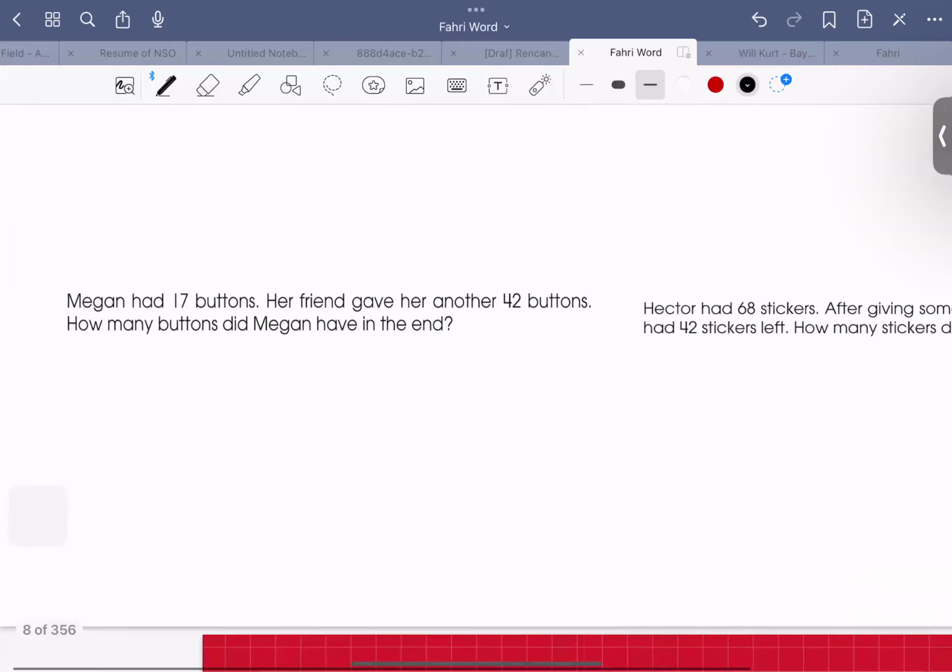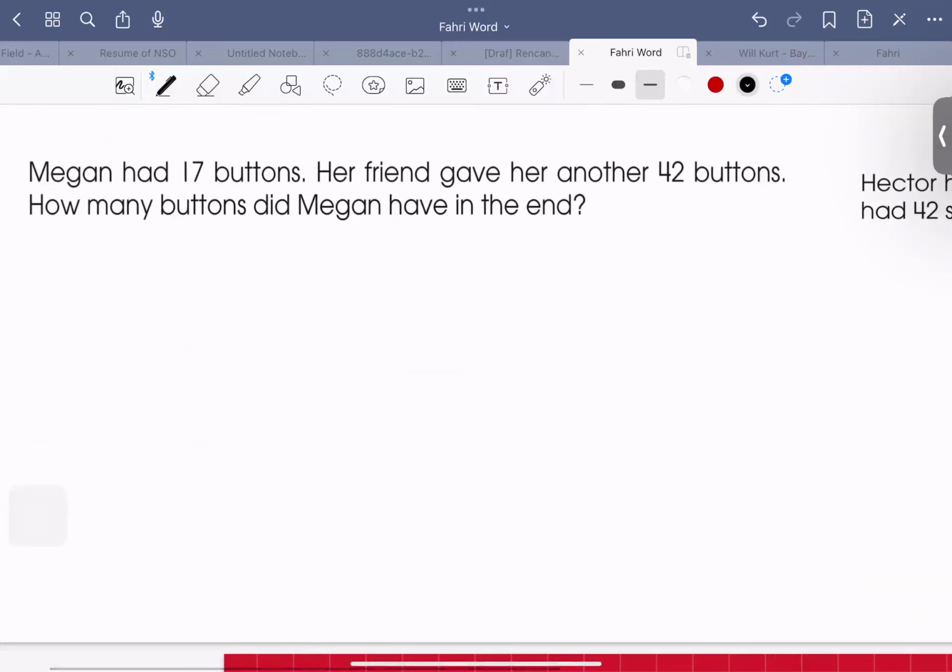Now let's go to the next question. Megan had 17 buttons. Her friend gave her another 42 buttons. How many buttons did Megan have in the end? I think it's simpler than the previous questions. So in the beginning, Megan had 17 buttons.